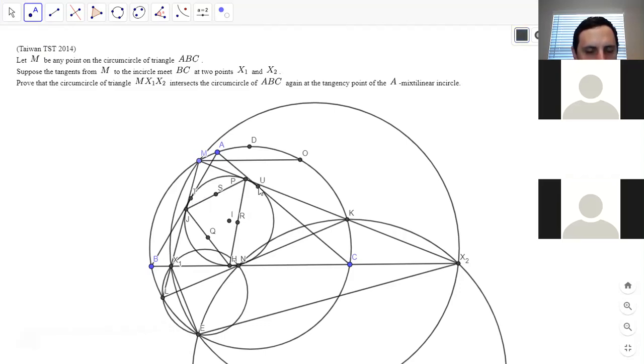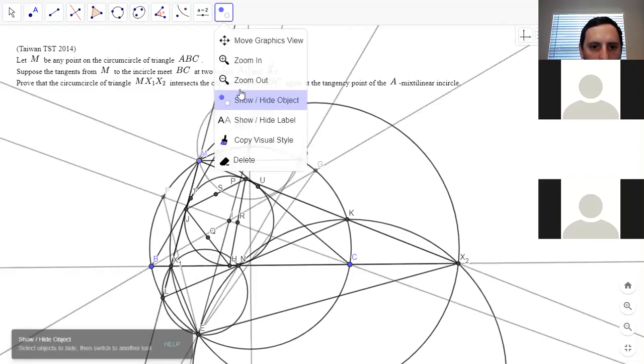So T and U. E goes to the intersection of the altitude from H to TU and the 9-point circle of TUH. Okay, hold on a sec. So where did E prime go?